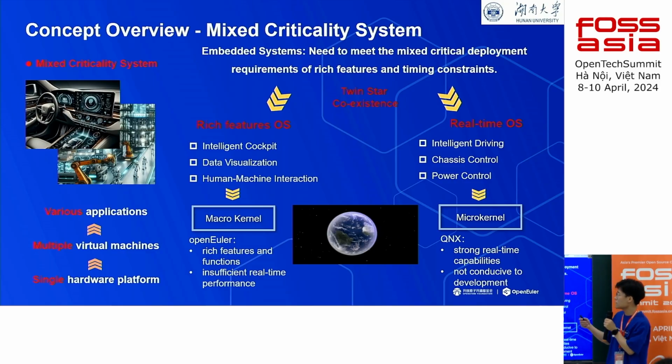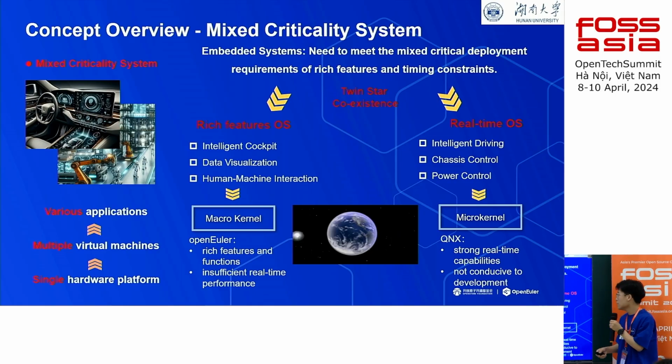In such a system, they may need two types of OS. One is the rich-feature OS, just like in the car, where we can see an intelligent cockpit with data visualization and human-machine interaction. The other type is the real-time OS for intelligent driving, such as traction control, power control, and other motor control.